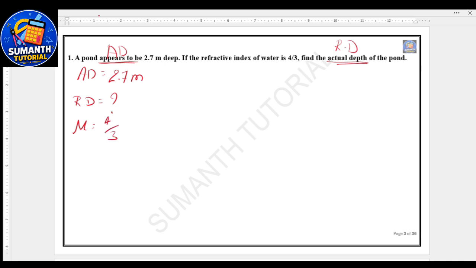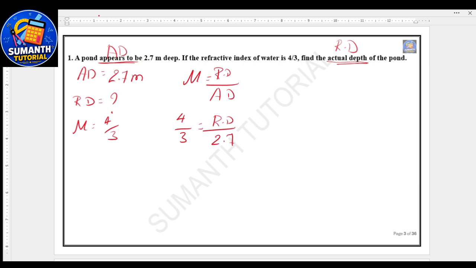Now use the formula mu is equal to real depth by apparent depth. Next is the substitution. 4 by 3 is equal to real depth, which I have to calculate, so let me write it as RD, divided by apparent depth, 2.7.